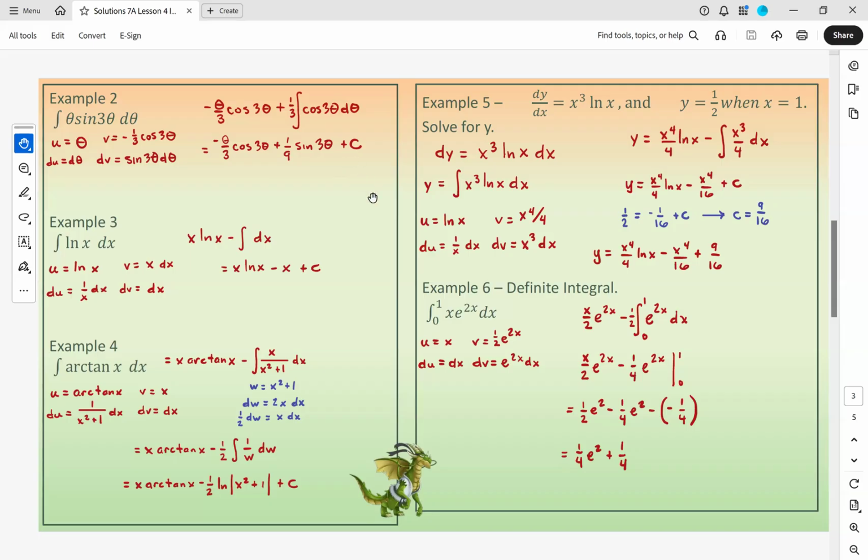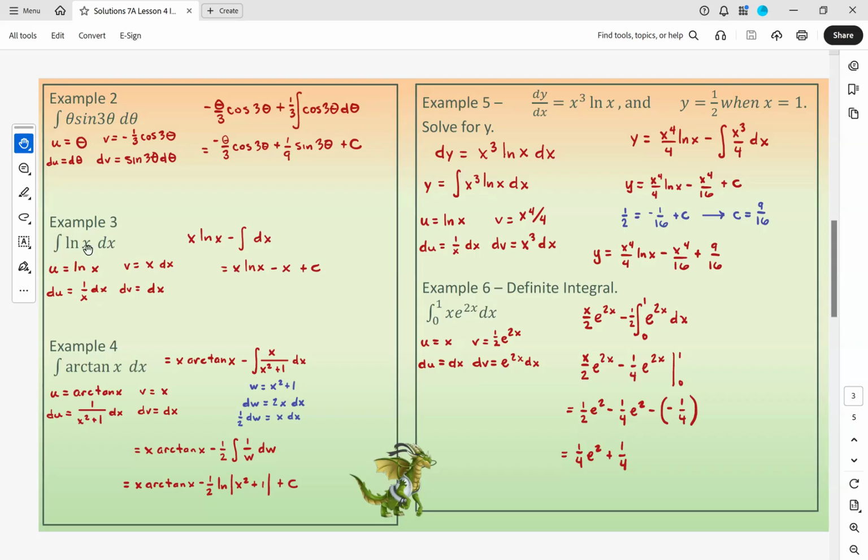Example 3. If this were to show up on a test, you wouldn't need to show any work. It is a top 20, would be the quickest, would be the preferred way to do it. But because we now know integration by parts, I'm able to confirm that this rule is what we said it was.